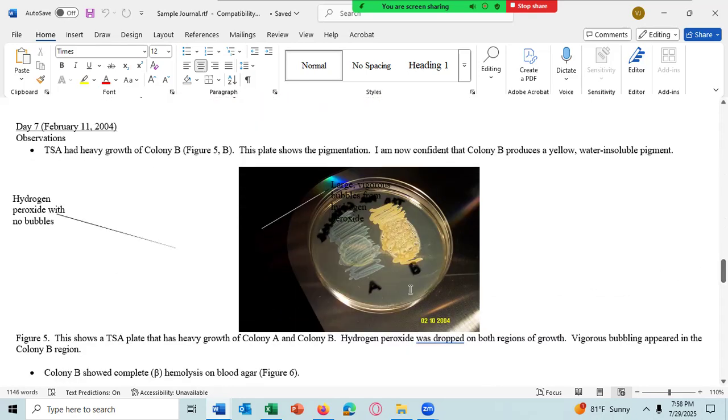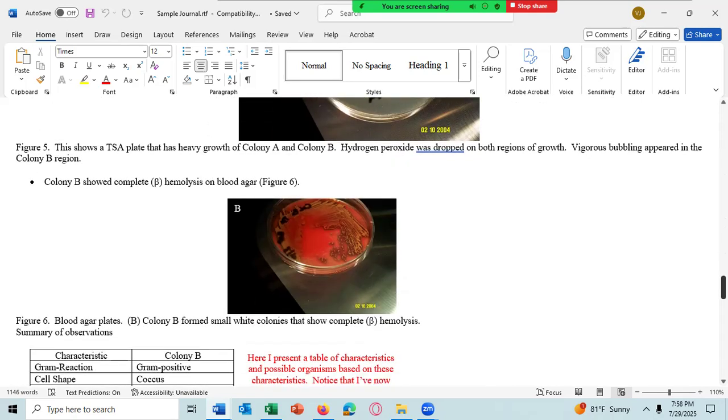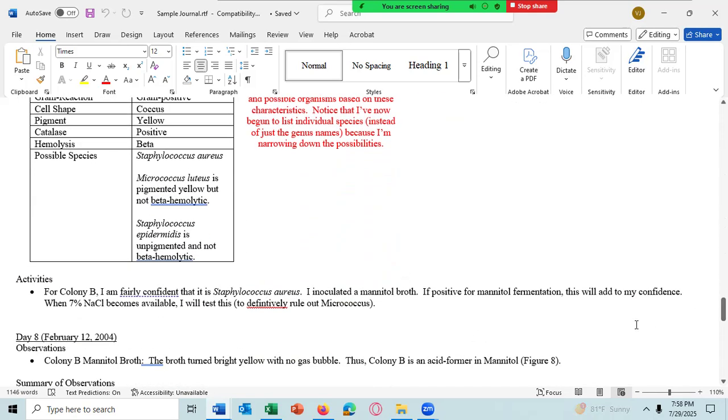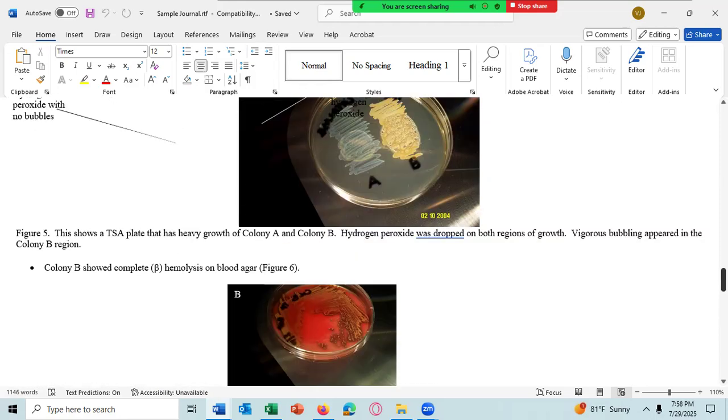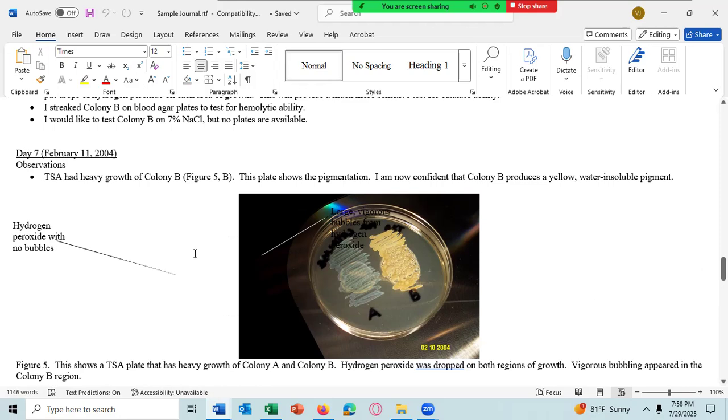On day 7, he has observations, activities, those are the tests he's running on that day, and then conclusions, which he should have for his observations here.